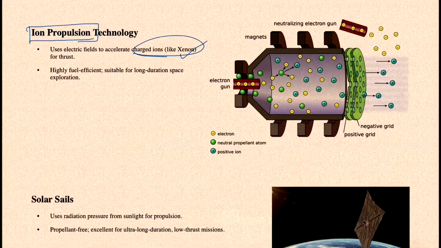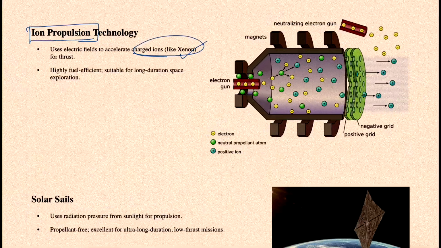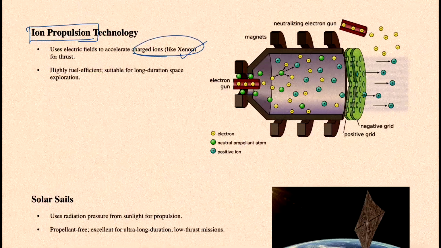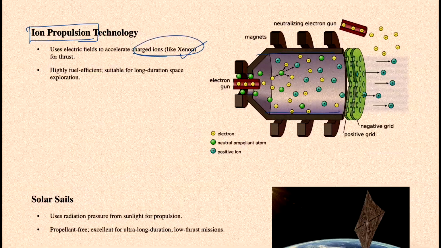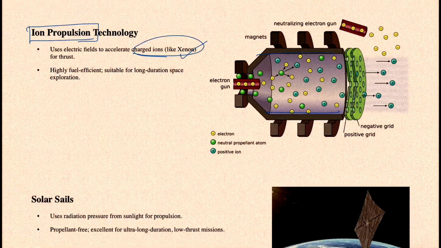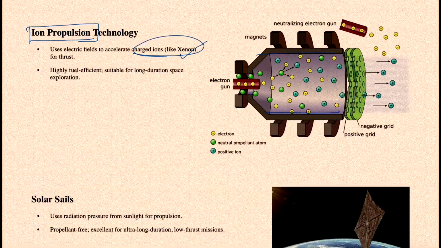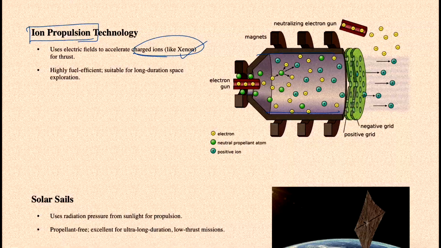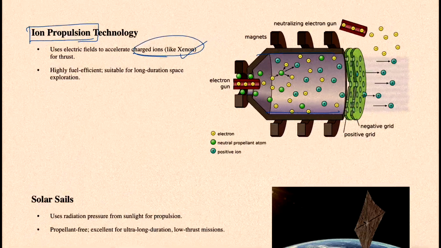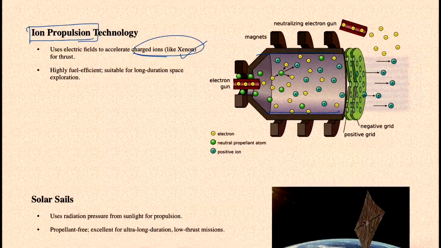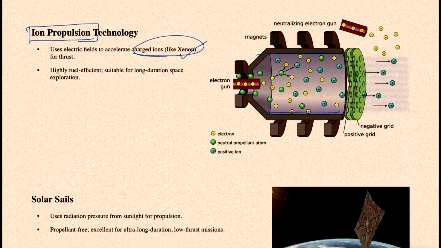After generating these ions, they are passed through a very strong electric field. We all know that in the presence of an electric field, charged particles will be accelerated. So once these ions pass through the electric field, they come out with a tremendous amount of speed.